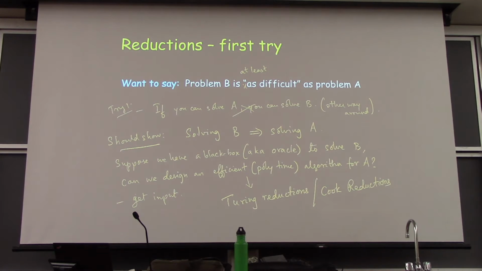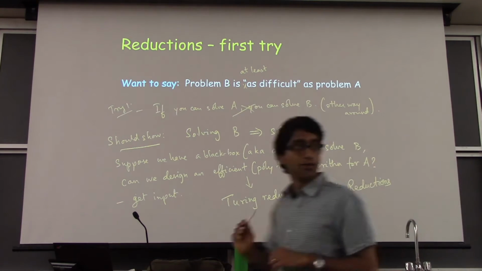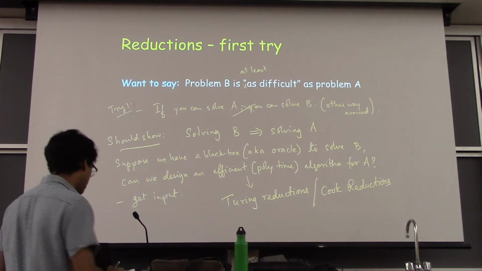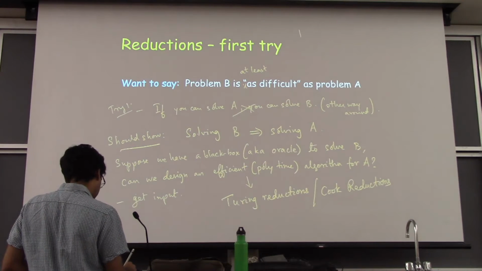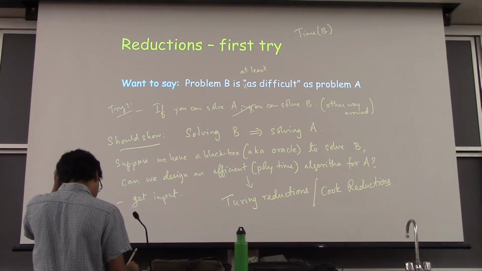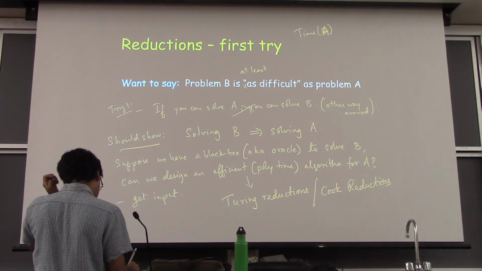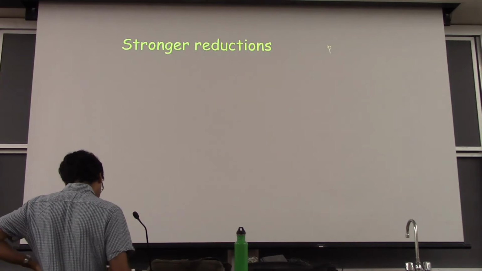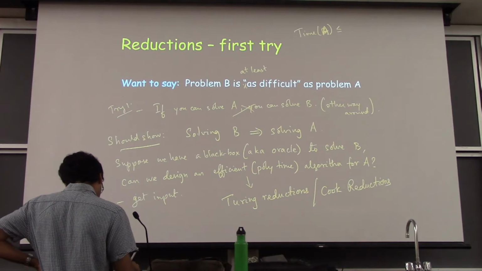But we are saying harder in a polynomial sense. This algorithm is supposed to be efficient, so what this shows is that time of A is less than or equal to poly of time of B.